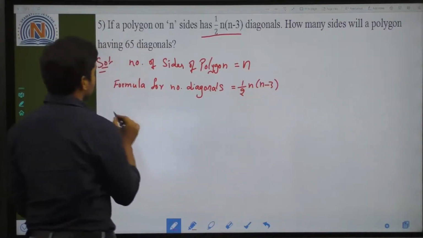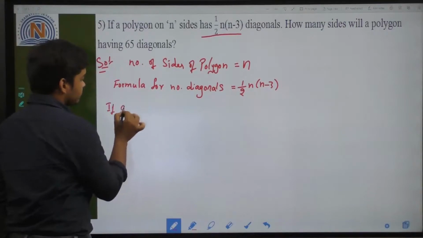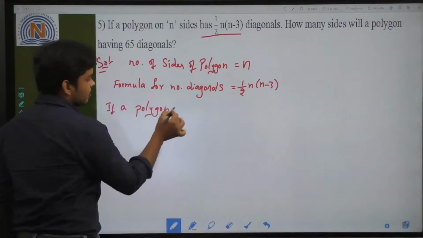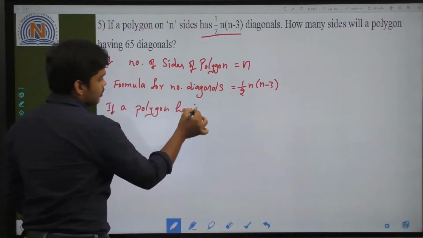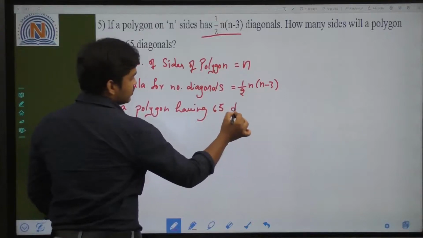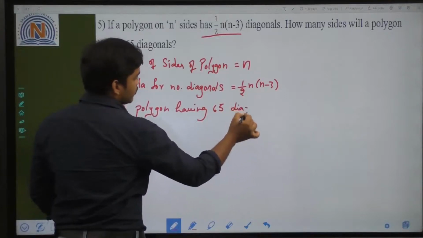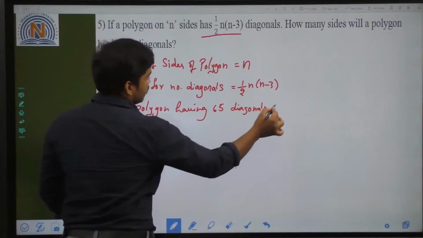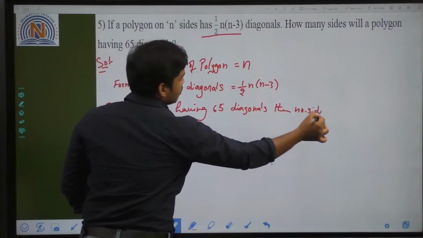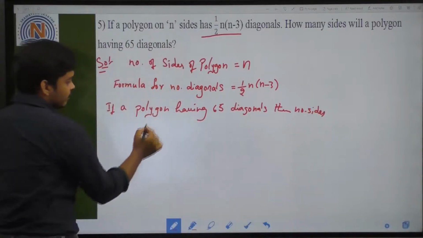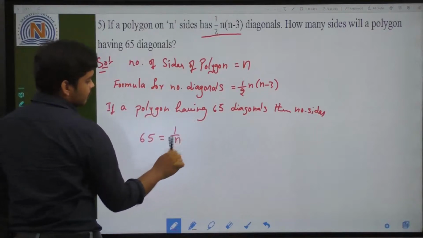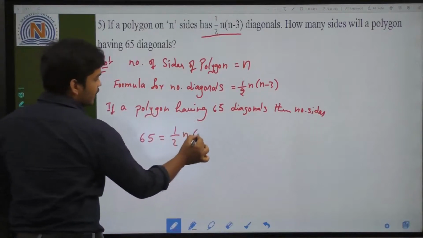He has given that the polygon has 65 diagonals, then we need the number of sides. If a polygon has 65 diagonals, how many sides does it have?